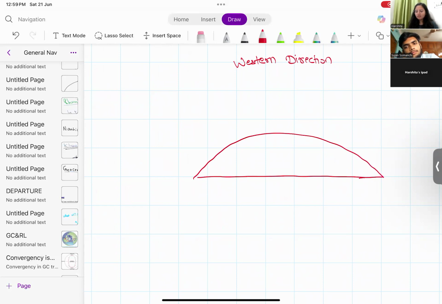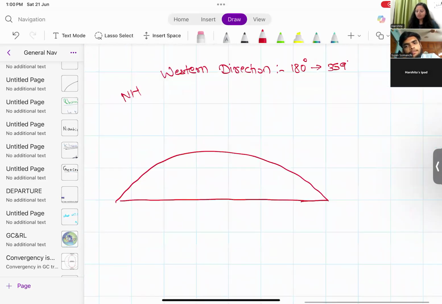The northern hemisphere diagram will be this: rhumb line below and great circle above. Western direction means going from 180 degrees to 359 degrees, right?